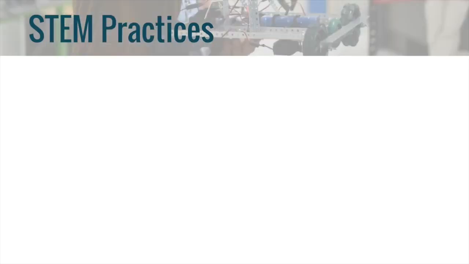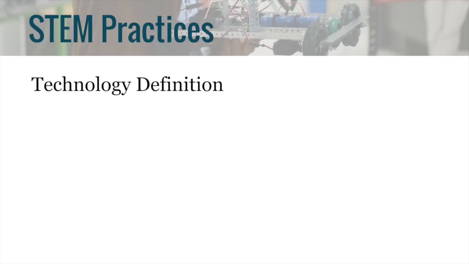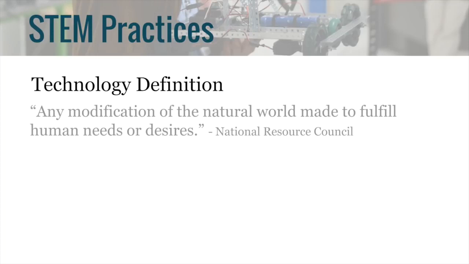Finally, the book also provides 4 technology practices. But before I list these practices, I want to talk about the definition of technology. The term is usually used for anything that needs to be plugged in, especially a device that is computerized. However, the National Resource Council states that technology is any modification of the natural world made to fulfill human needs or desires.